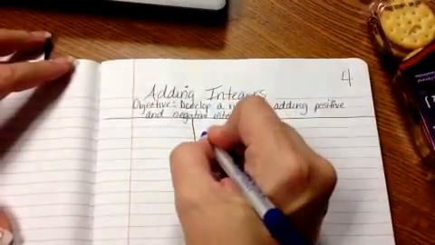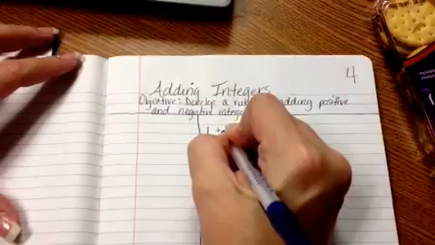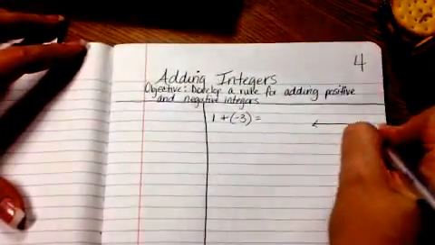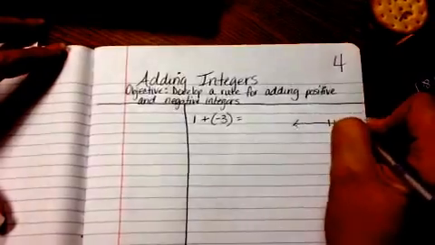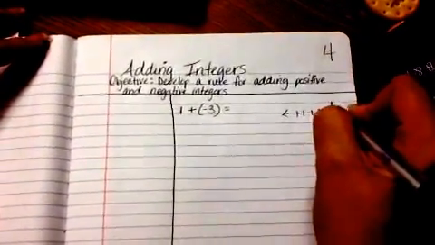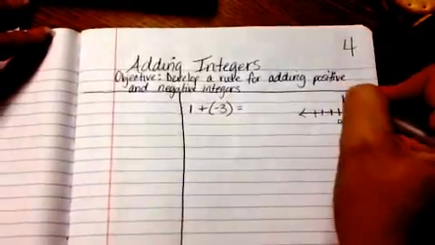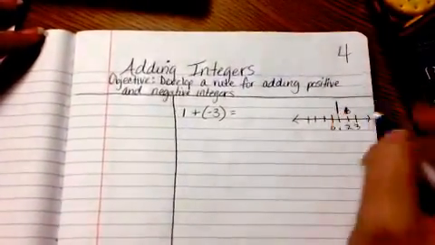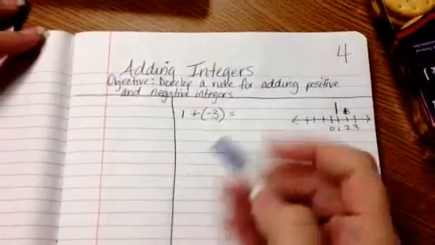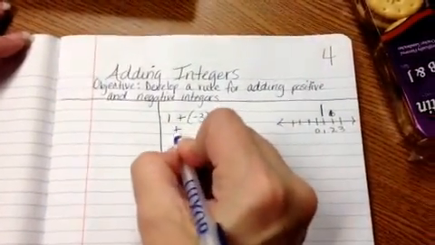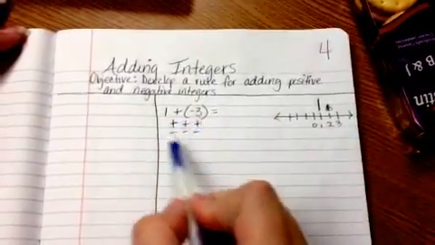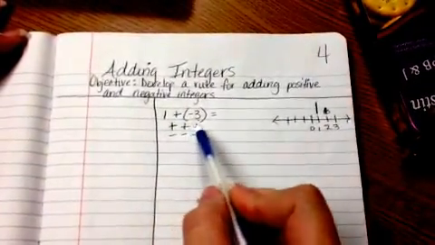We're going to start with 1 plus negative 3. On a number line, we would start with 1, and then we're going to add negative 3. Well, to add a negative with our integers that we had before in class, this is our integer jail where a positive and a negative equals 0.